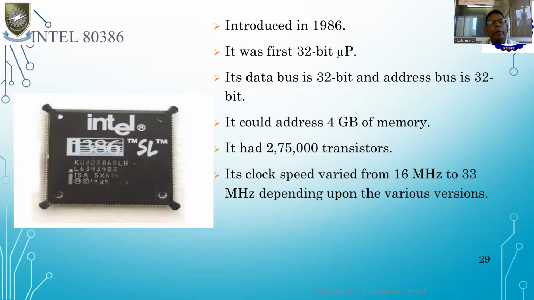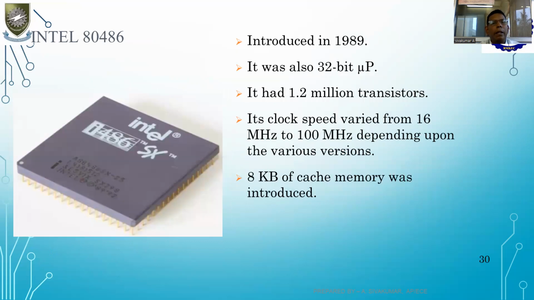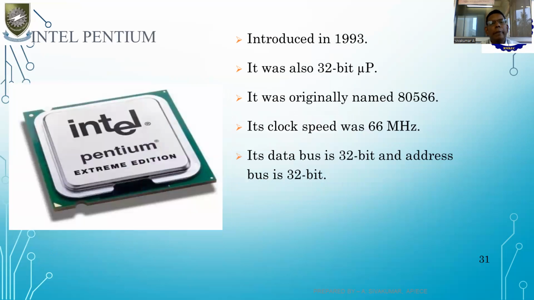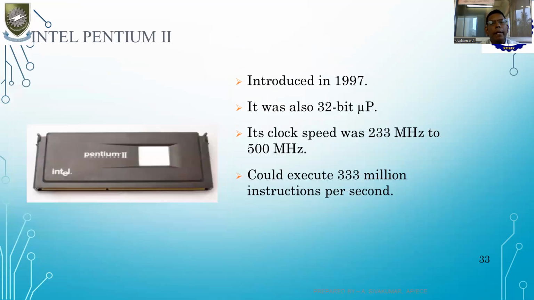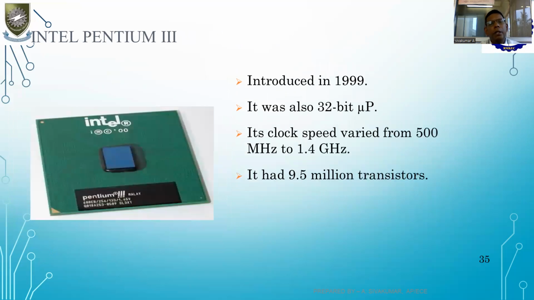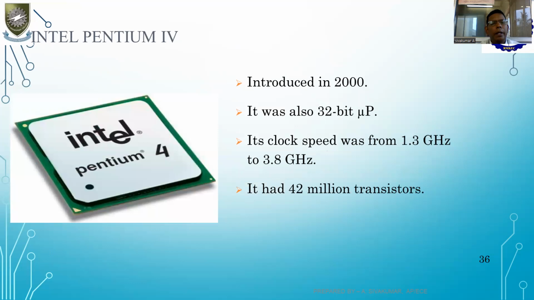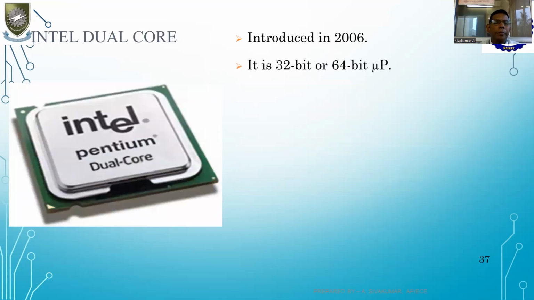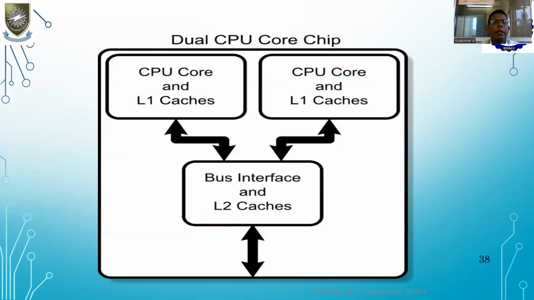The first 32-bit processor is the Intel 386, then the 486, Pentium, Pentium Pro, Pentium 2, Pentium 2 Xeon, Pentium 3, Pentium 4, and Intel Dual Core, introduced in 2006. The dual core chip contains 2 CPUs and 2 caches.